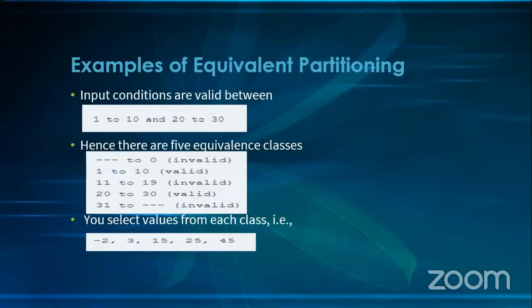That's one scenario. It's not a valid one because that's not what my input condition wants. It's an invalid scenario. Now my valid scenario is between 1 to 10, so I can take any number. Anything I test within 1 to 10 is a valid scenario.